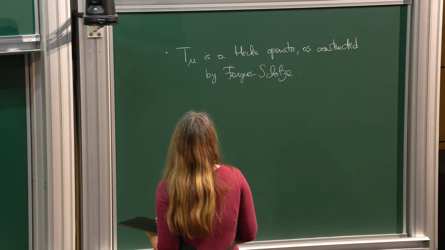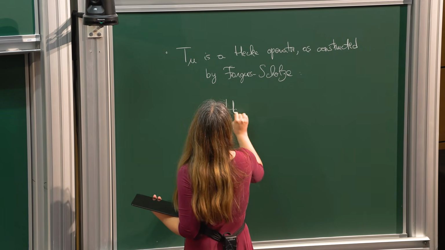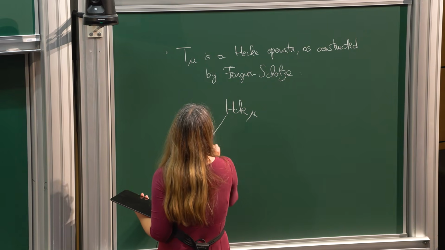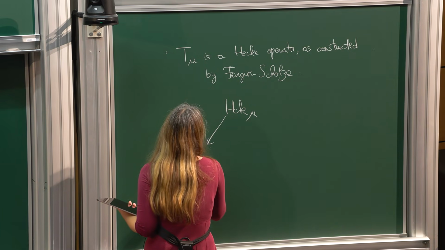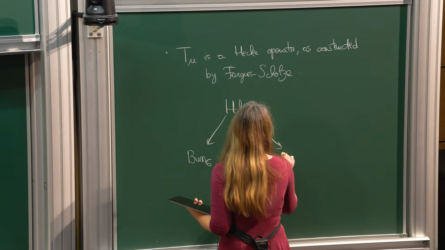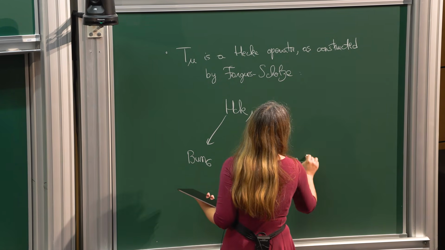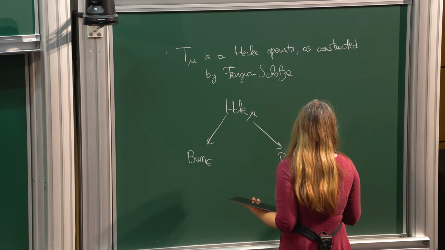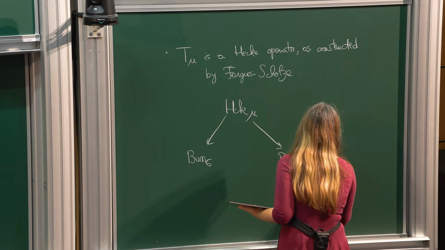So in general, what they have is a Hecke stack with two different maps to Bun_G. And in fact, one of these maps is to Bun_G times Div^1, which is the mirror curve.